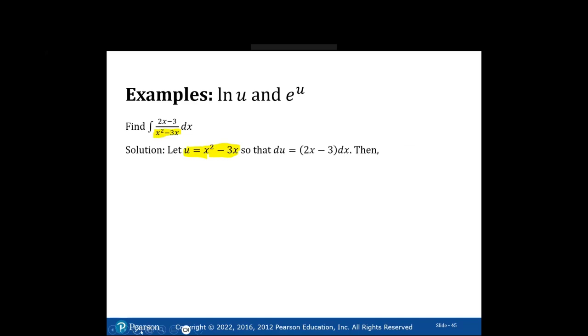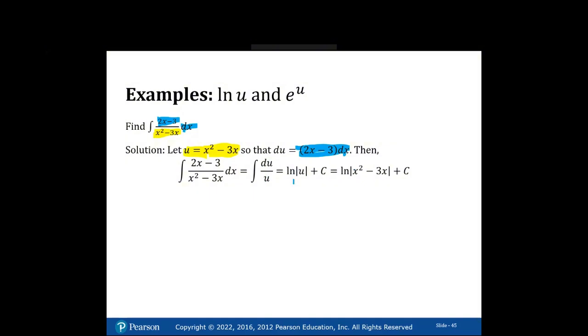And then du, we take that derivative, and we get 2x minus 3 dx, which is exactly that numerator in our dx. So when I sub this in, though, I get du over u. And you've got to remember that the integral of 1 over u is ln u. So this is why that negative 1 exponent here doesn't give me the power rule. That gives me ln. And it's ln with an absolute value bar, okay?